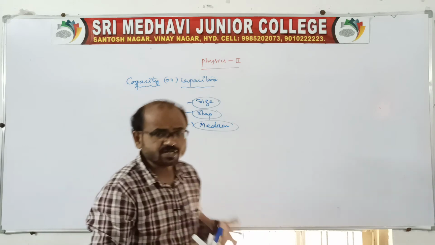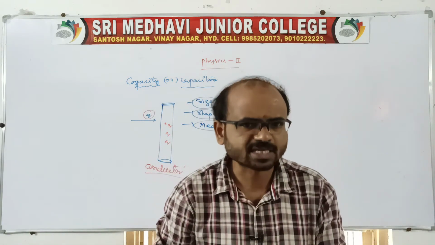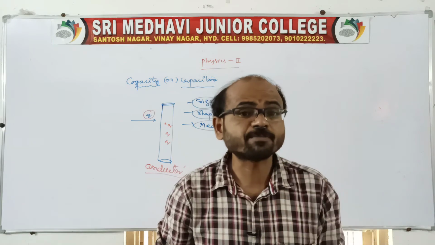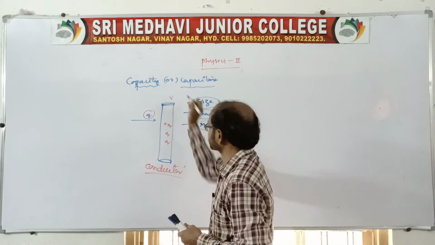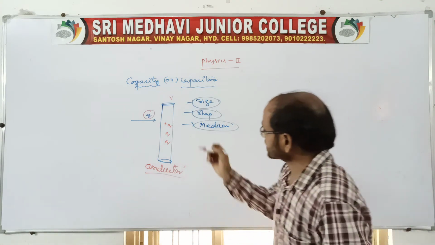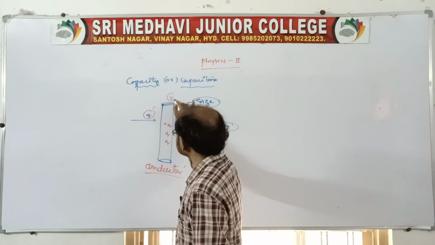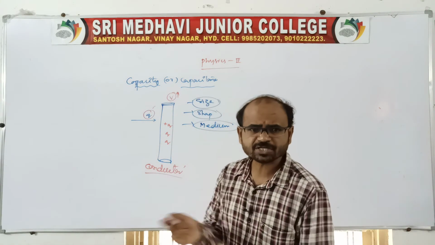Sir, when charges are added to the isolated conductor, what will happen? Of course, when charges are given to the isolated conductor, its potential increases because of the added charge. Very simple point: when charge is given to the conductor, its potential rises. If charges are not added, does the potential change?